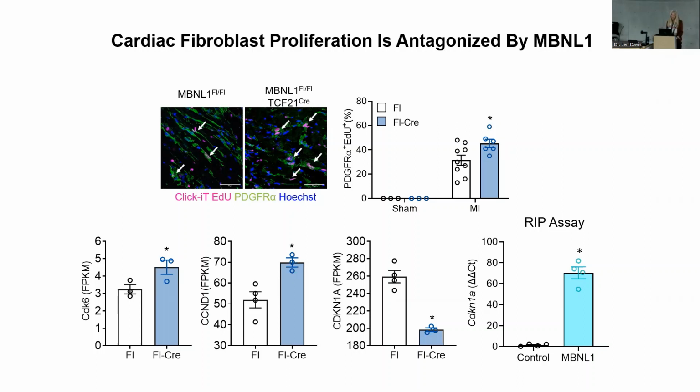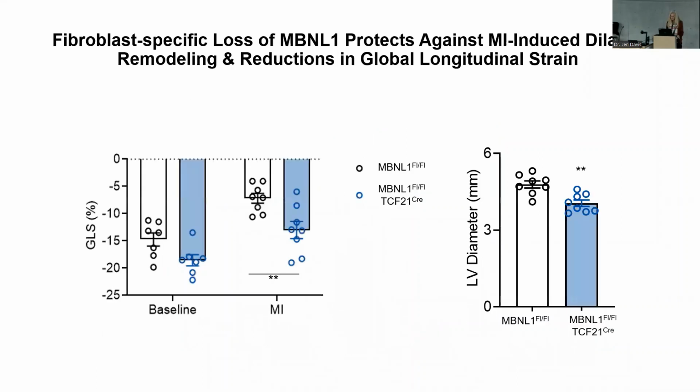And in further analysis, we found that muscleblind actually binds and regulates CDKN1A. So we think this is a direct conduit to why when you have gain or loss of muscleblind function that you have this change in cell proliferation.